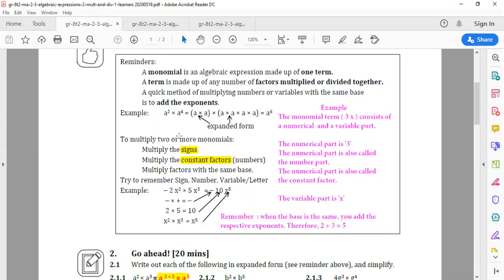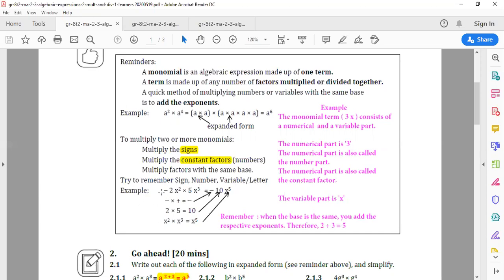To multiply two or more monomials, remember the following. You first multiply the signs, you then multiply the constant factors or numbers, you then multiply the factors with the same base. So, to remember, it's first the sign, then the number, then the variable or letter.